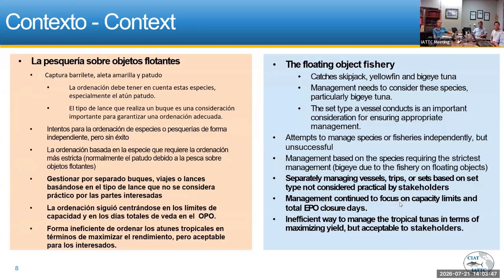And again, the management continued to focus on capacity limits, that's fishing vessel capacity, which is kind of controlled, and then closure for the total EPO. And this is a very inefficient way to manage tropical tunas in terms of maximizing yield for the different species. But it was an approach that was acceptable by stakeholders, and that's why it continued.